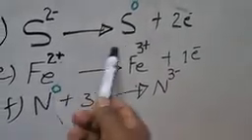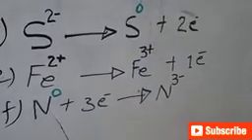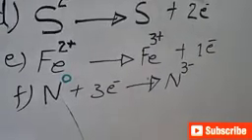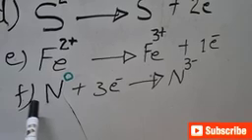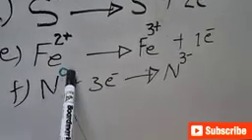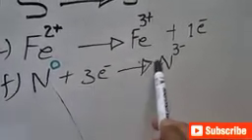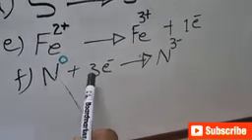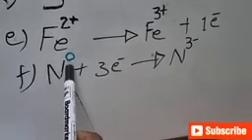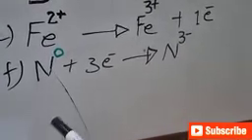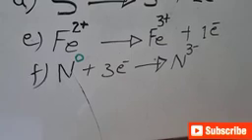This is also an increase in oxidation number from positive 2 to positive 3. Therefore, an increase in oxidation number is an oxidation reaction. The F is nitrogen from 0 oxidation state, added by 3 electrons, gives nitrogen 3- charged particle, which means addition of electrons is a reduction reaction, or a decrease in oxidation number from 0 to negative 3. A decrease in oxidation number is also a reduction reaction.